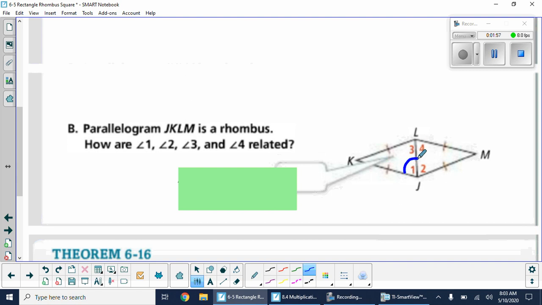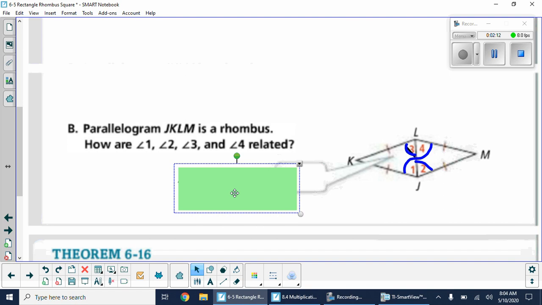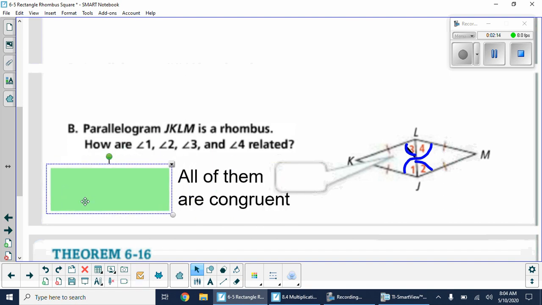So this angle is equal to this angle, which is equal to this angle, which is equal to this angle, and that's equal to that angle. So all of those angles, angle 1, angle 2, angle 3, and angle 4, are all congruent.